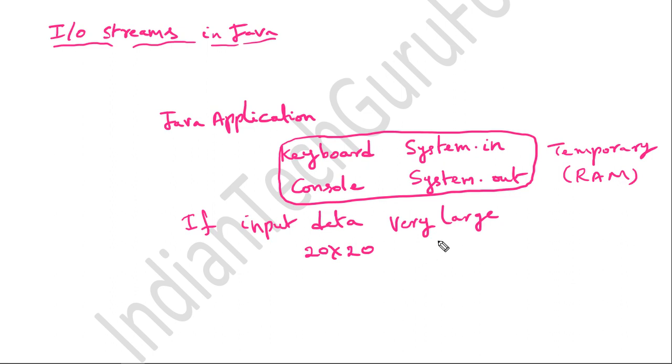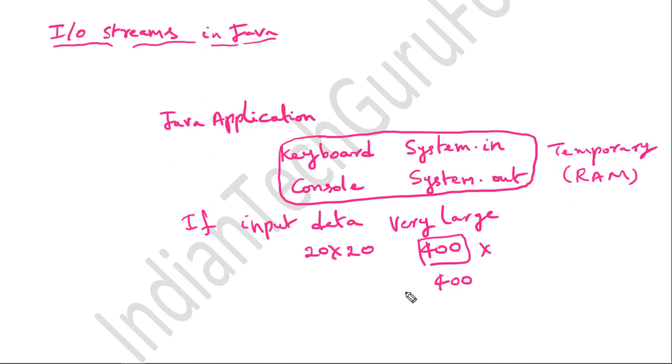Then how many elements do I need to give as input? I need to give 400 elements. So if after giving 400 elements, there is a logical error, then definitely I need to re-enter these 400 elements once again, which is a repetitive and cumbersome process.